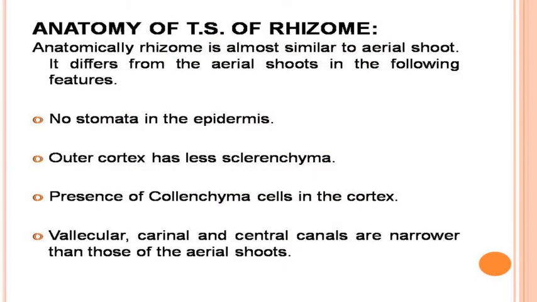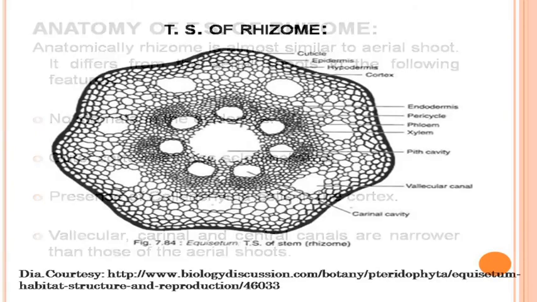Now we talk about the anatomy of the transverse section of the rhizome. Anatomically, the rhizome is almost similar to that of the aerial shoot, apart from certain differences, like there are no stomata in the epidermis. The outer cortex has less sclerenchyma, there are parenchyma cells in the cortex, and the vallecular canal, carinal canal and central canal are narrow as compared to those of the aerial shoot.